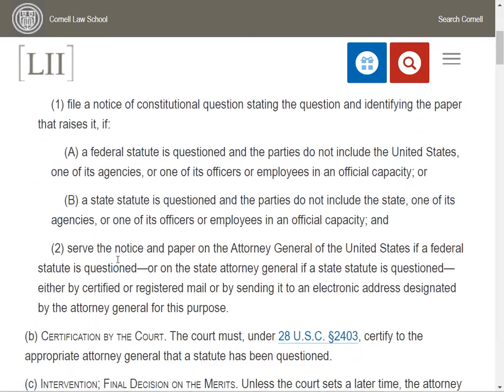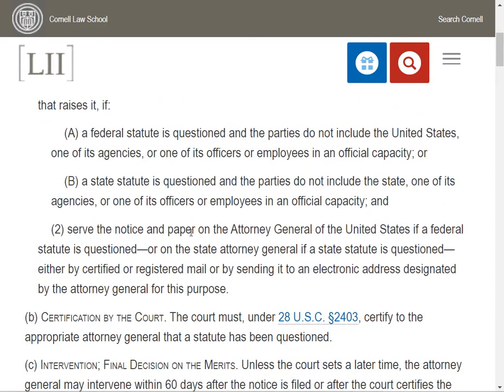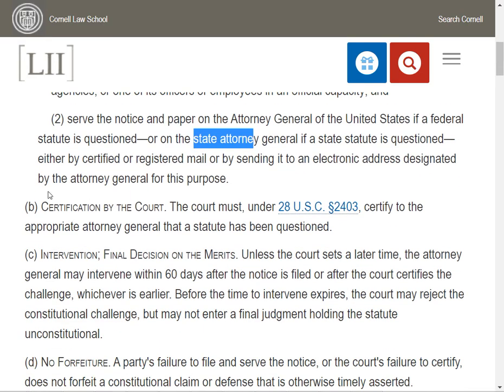This is 5.1 federal. So serve the notice and paper on the Attorney General if a federal statute is questioned, or on the state attorney general. Like, I don't know how people miss this. It's either or, right? And then you can go down. The court needs to take some action.